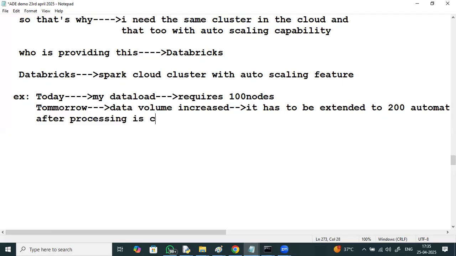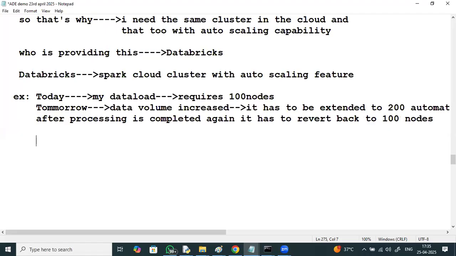After processing is completed, again it has to revert back to 100 nodes.